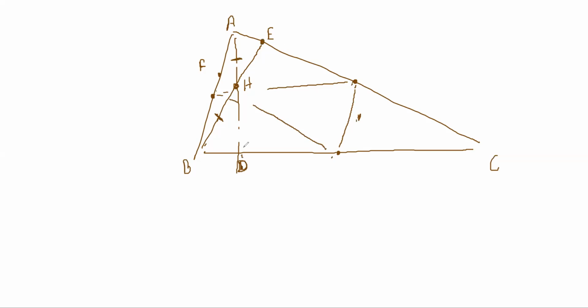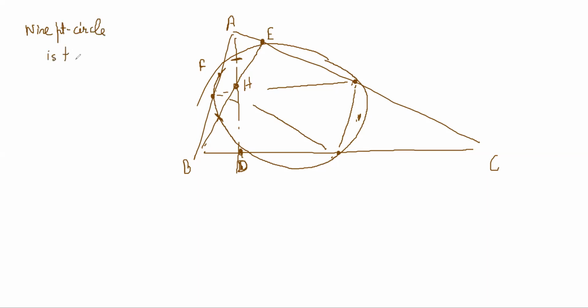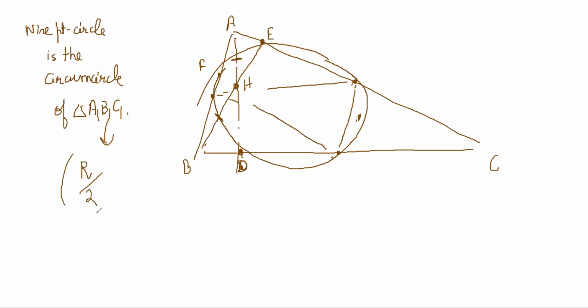So this 9-point circle we are getting. And actually now you are getting even more stuff. That 9-point circle is the circumcircle of triangle A1B1C1. So the radius of that 9-point circle is R by 2, right?